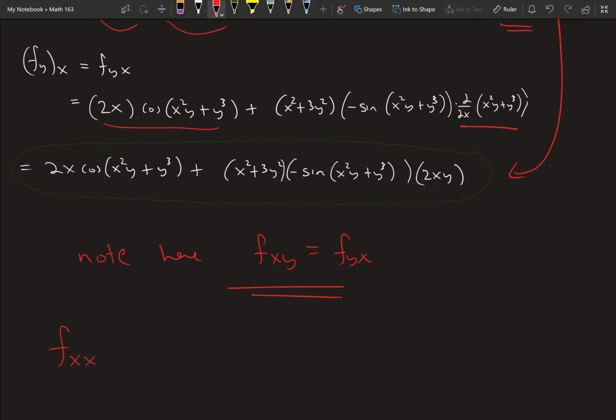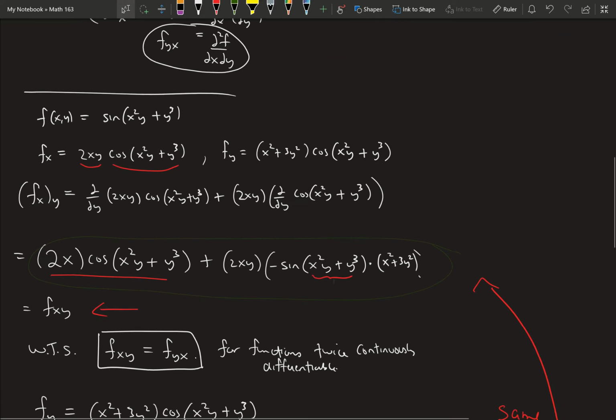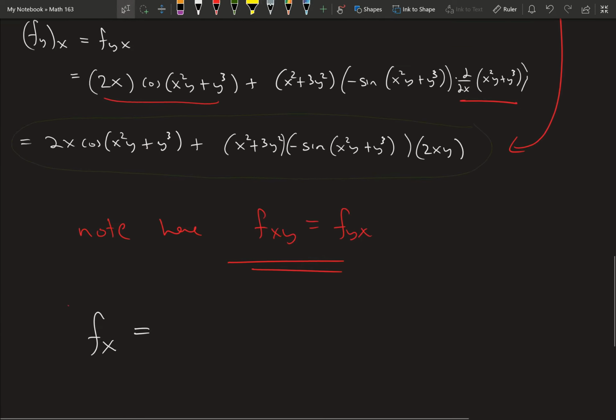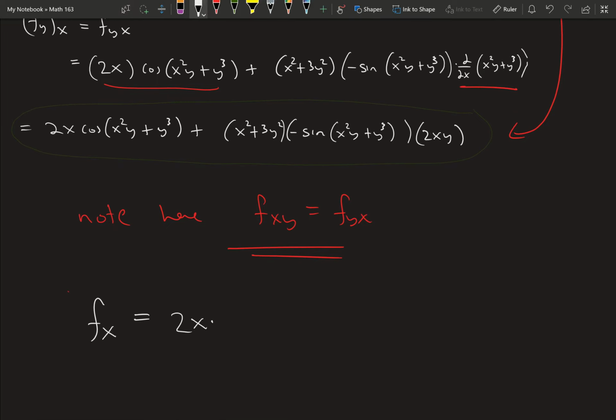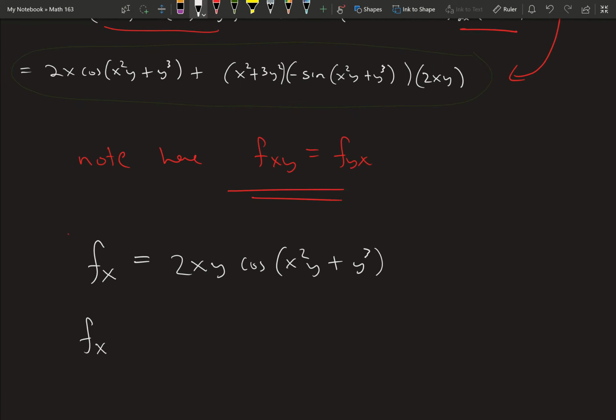So f_xx here, let me write down what f sub x was first. F sub x was the partial derivative here with respect to x, and that was 2xy times the cosine of x squared y plus y cubed. So what we want to do here is compute f_x and take a derivative with respect to x.